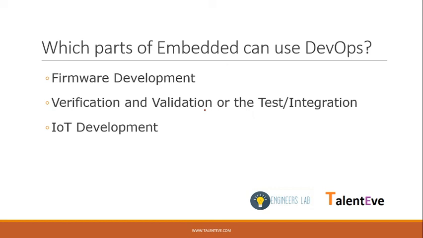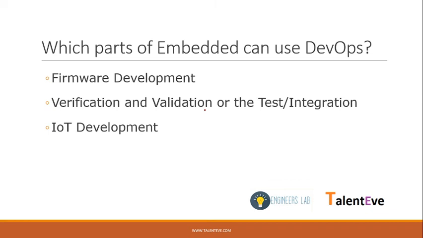And finally, the IoT development. So IoT development, we can say it is comprising of different teams. It could be hardware, it could be firmware, it could be software. So in the software, cloud or any application, small scripts from the test verification validation teams. So on the IoT side, we can say it is a mix of the things.